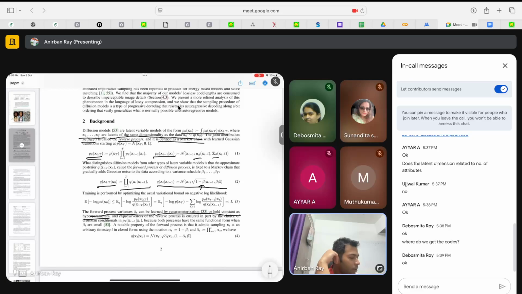Beta t is actually defined as a time based variable. You can take it like a linear, geometric series, or rather, it's kind of an arithmetic progression.